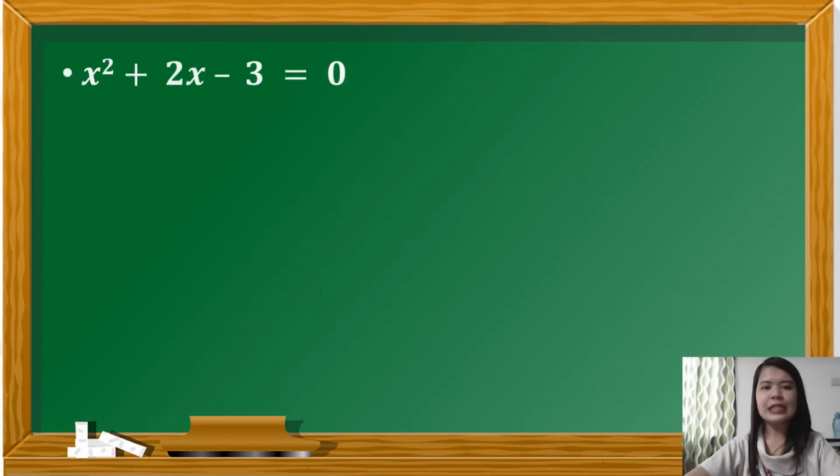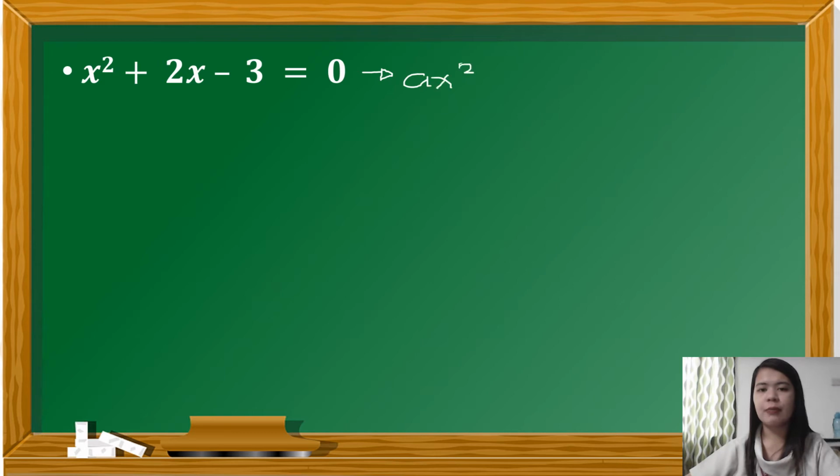For our first example, we have x squared plus 2x minus 3 is equal to 0. First thing you have to check, is it already written on the standard form ax squared plus bx plus c equals 0? If it is already on a standard form, we will now proceed to getting the factors.